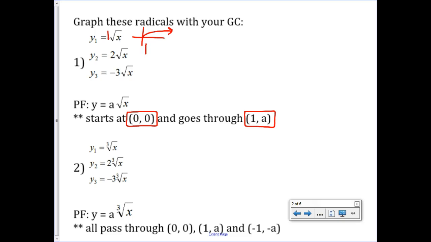Whereas on the second graph, if it went through 1, 1 the first time, then it's going through 1, 2 this time. And then on the third graph, if it went through 1, 1 up there, it's going through 1, negative 3.